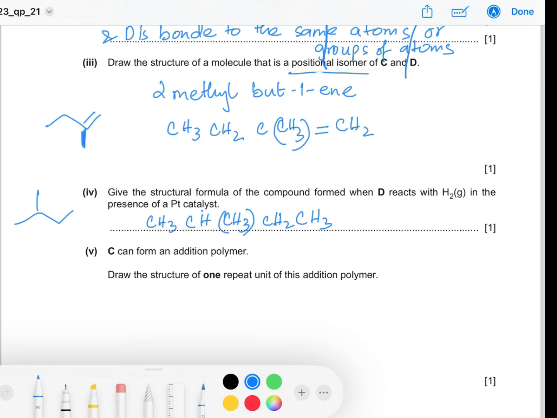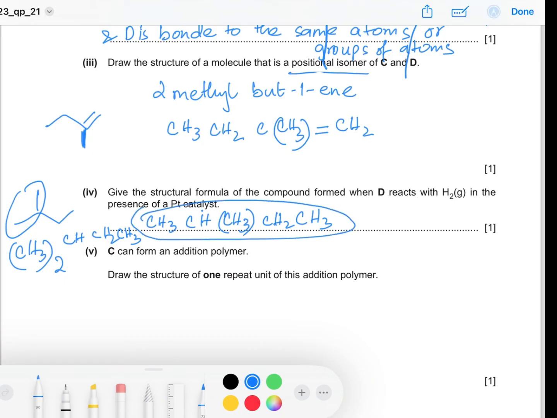Okay, I realize another way you could write this should be CH3 twice because you have two methyl groups on the same carbon atom, followed by CH, CH2 and CH3. This one is not in the mark scheme, so I'm not sure why that is. So it's safer to write this one over here.